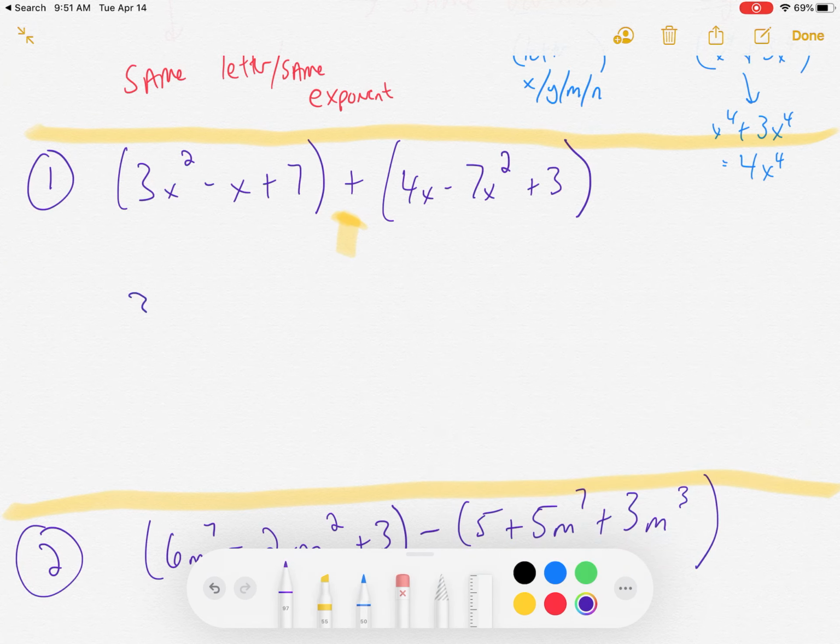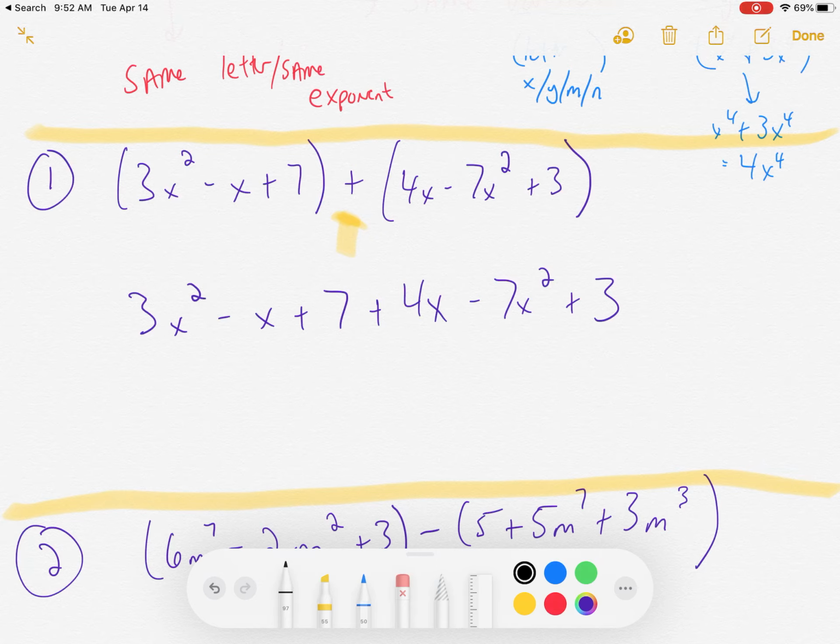I'm going to rewrite the entire problem without parentheses. 3x squared minus x plus 7 plus 4x minus 7x squared plus 3. Now, that's a lot of stuff going on. I understand that, but now what we need to do is we got to realize what our like terms are.